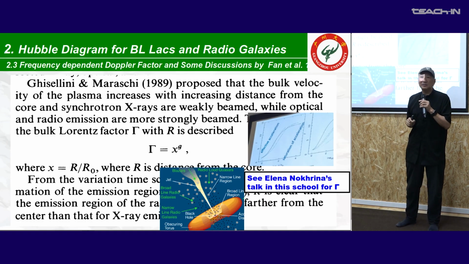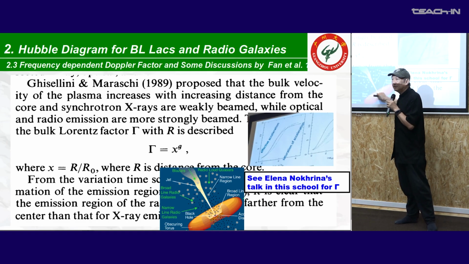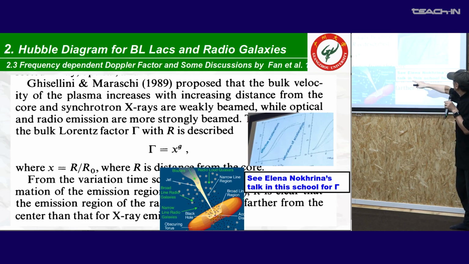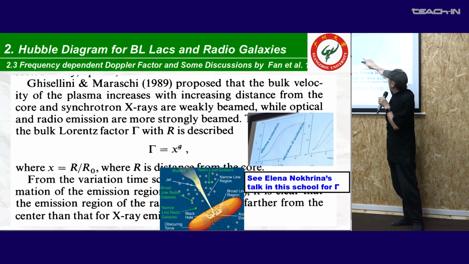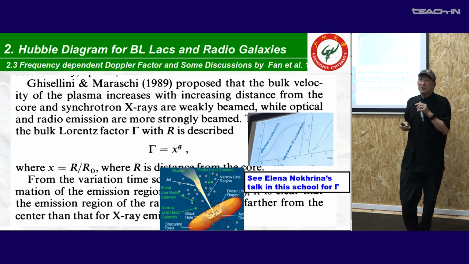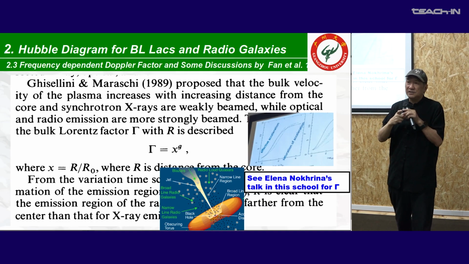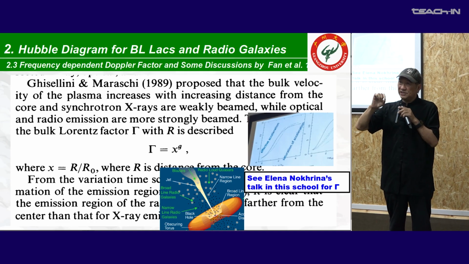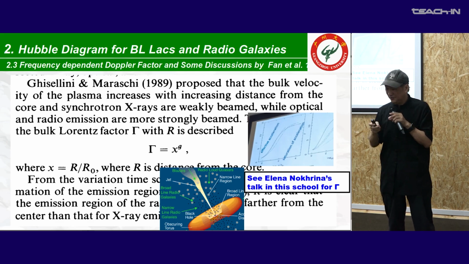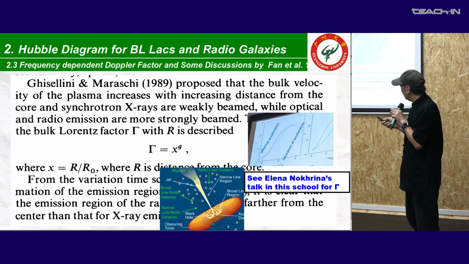That means the Doppler factor is also different, and also increases with distance. Others also showed that the gamma increases in this way. So if the gamma changes across different wavebands, perhaps we can construct a relation for different bands.